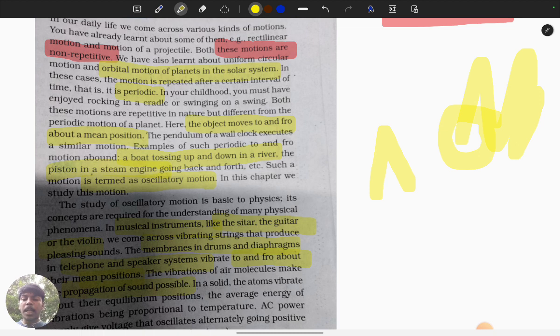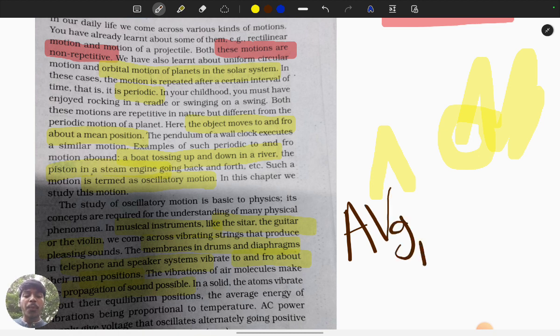In solids, the atoms vibrate about their equilibrium positions. The average energy of vibrations is proportional to temperature. Note this point: average energy of vibrations is directly proportional to temperature.